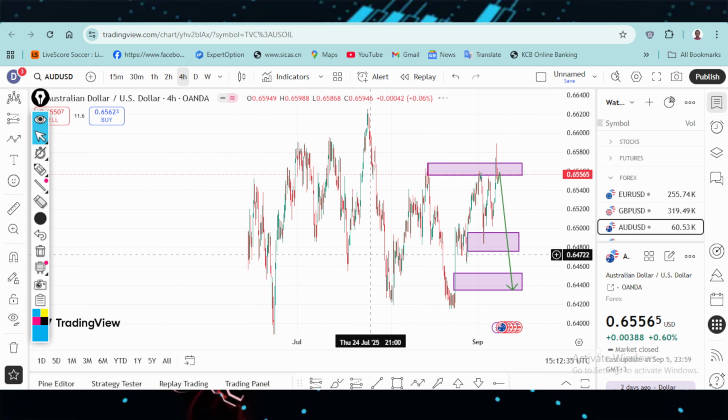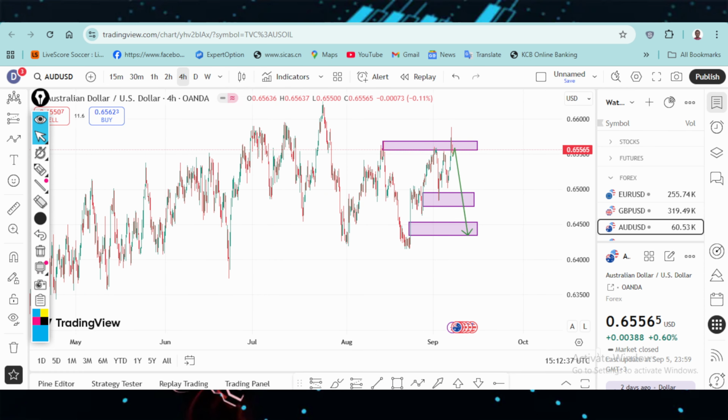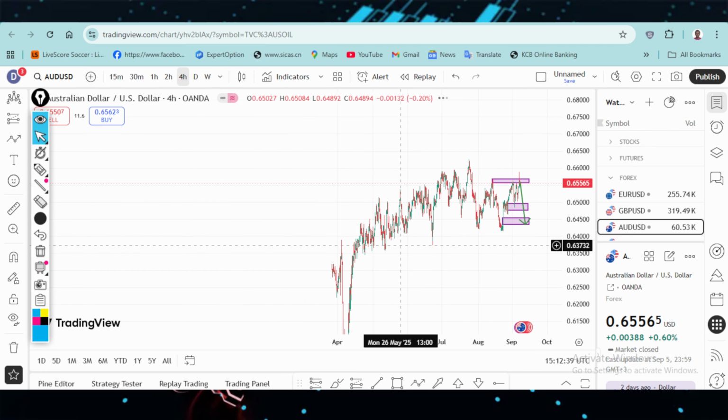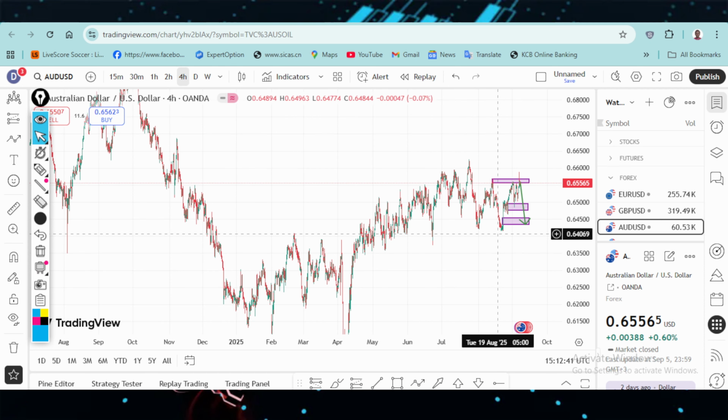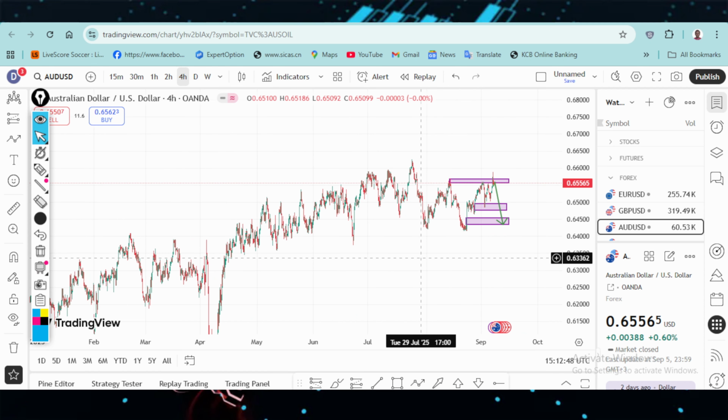However, the overall trend is already an uptrend, but the corrective structure here is still ongoing. It's not yet finished. It's not completed. It has to complete the structure before anything.